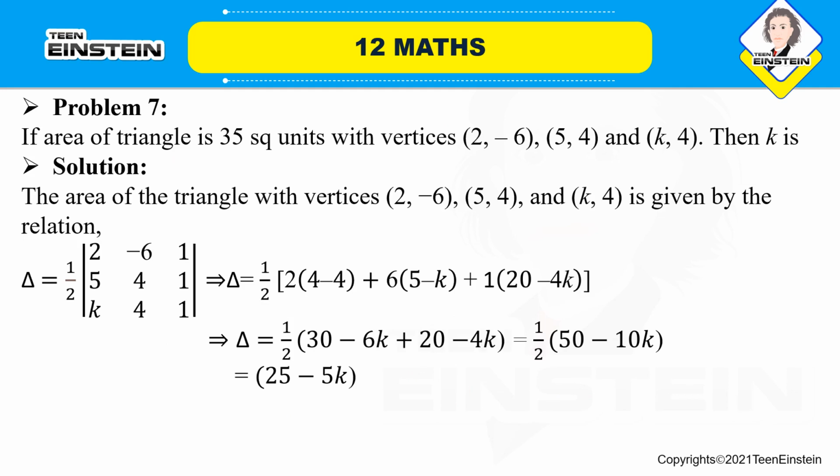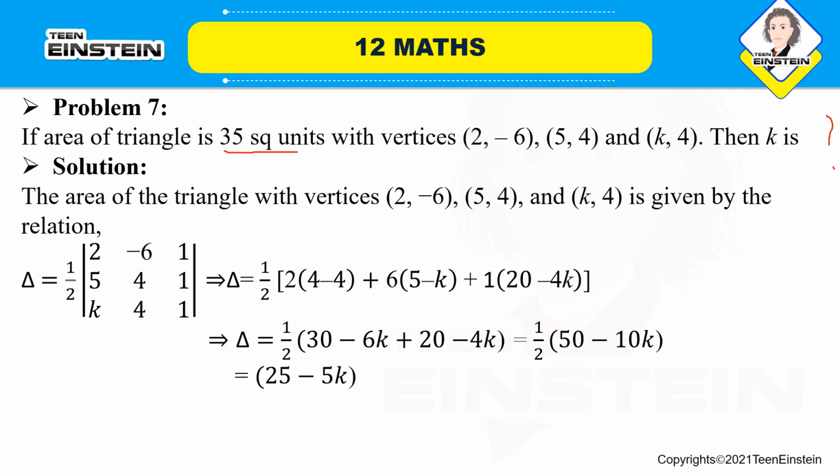See the next problem. This is also a similar type problem. Problem number 7. If area of a triangle is 35 square units, whose vertices are 2 comma minus 6, 5 comma 4 and k comma 4, then what is the value of k?